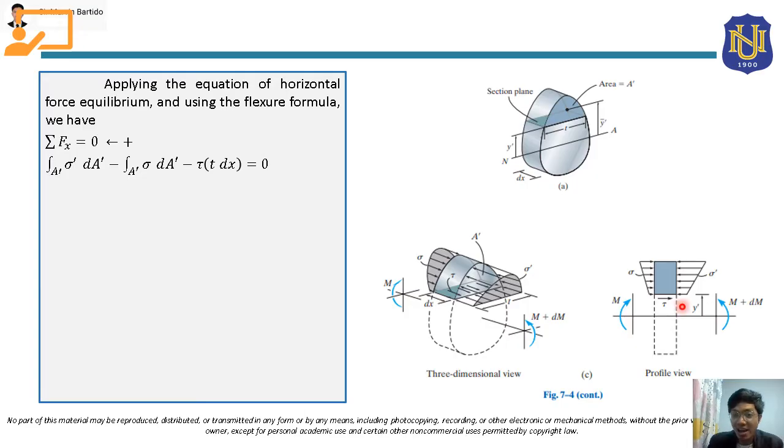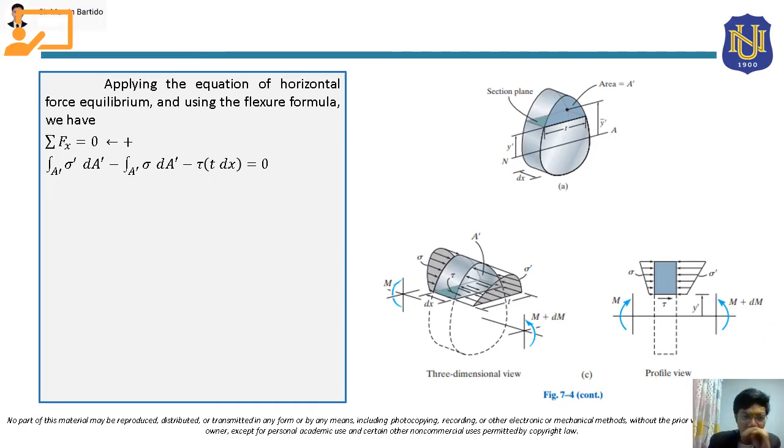The area here, class, where this shear stress acts is t dx. This is the area, dx times t, where t is the width, on the bottom face of the top portion that we are considering. So this is also negative, class, since this is directed to the right.